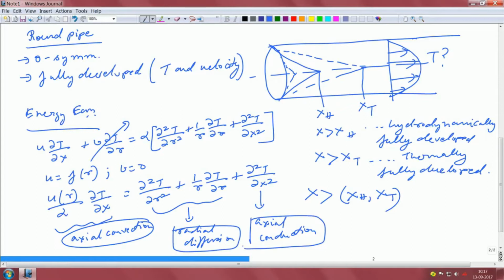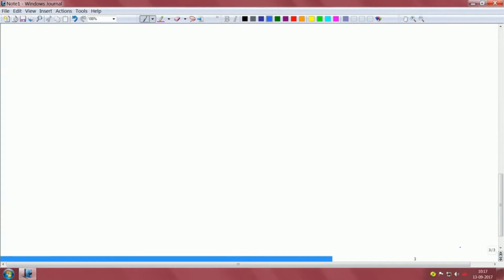The idea of framing this equation now is that we have to find out which terms are important, which terms we can safely leave out. Obviously, we have to show some legitimate reasons why we are deleting some of the terms. So, let us do an exercise in scaling once again, and let us see whether that makes sense in this particular context. Let us take it term by term. What about dT/dx? dT/dx is nothing but q double prime divided by rho Cp u into d.